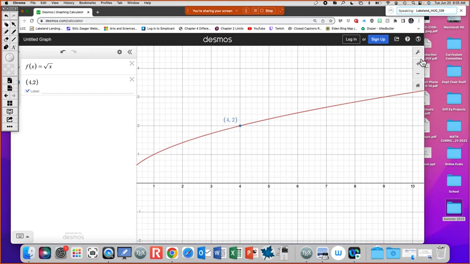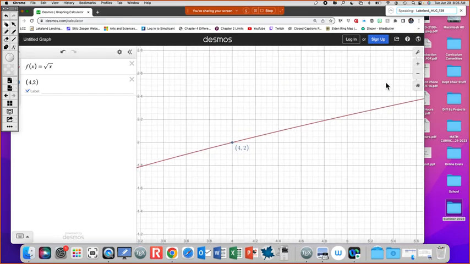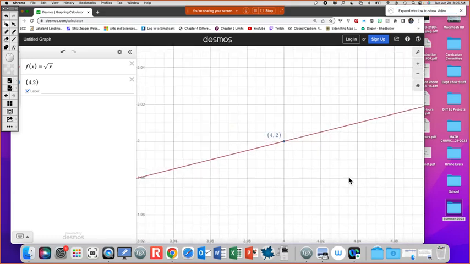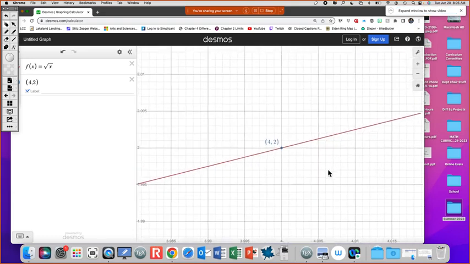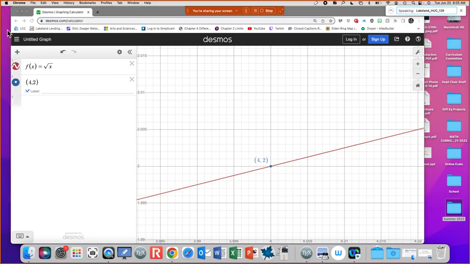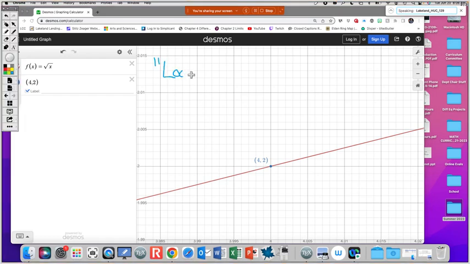No. But look what happens when I zoom in. It looks like a line. You follow or not? So this property is called local linearity. All right?